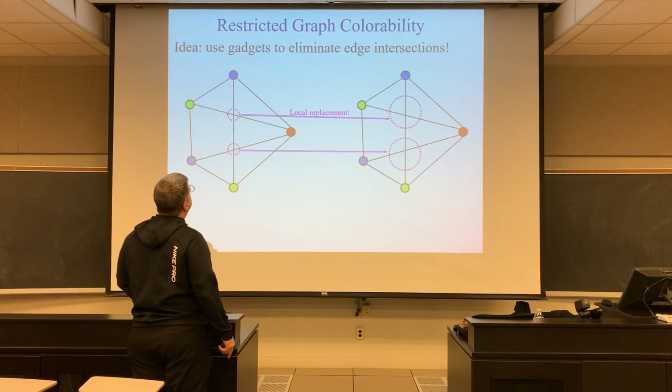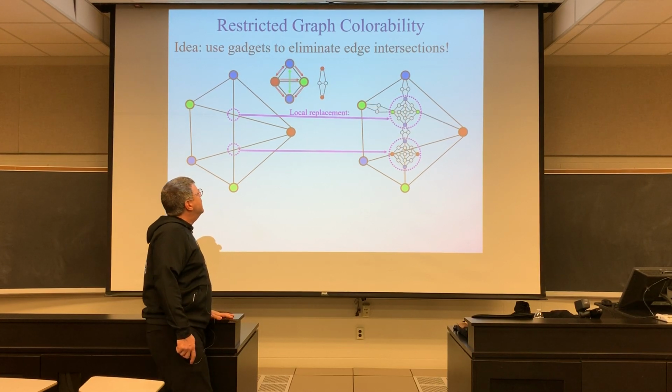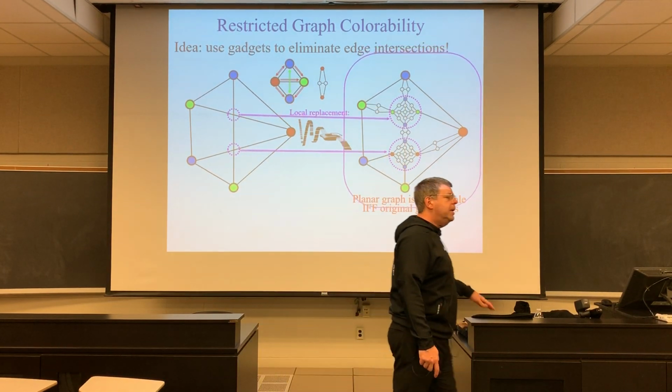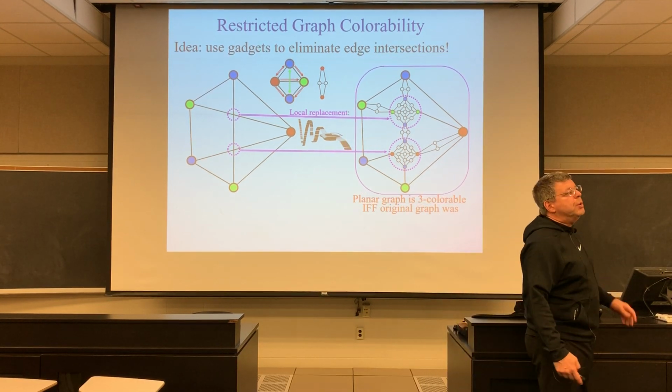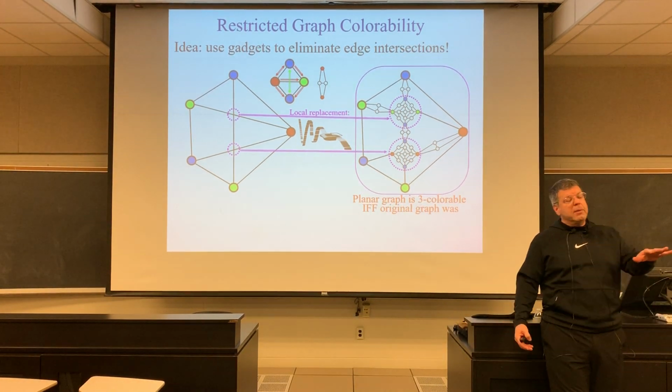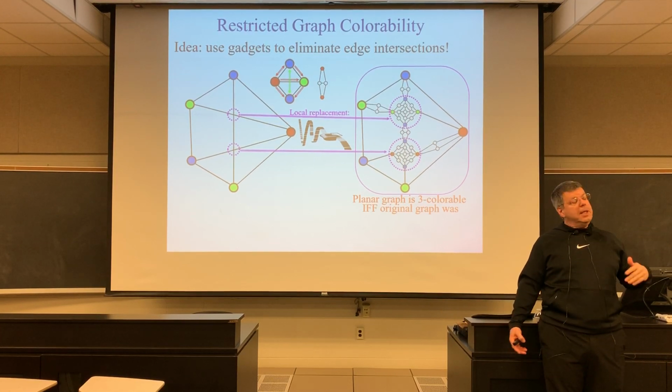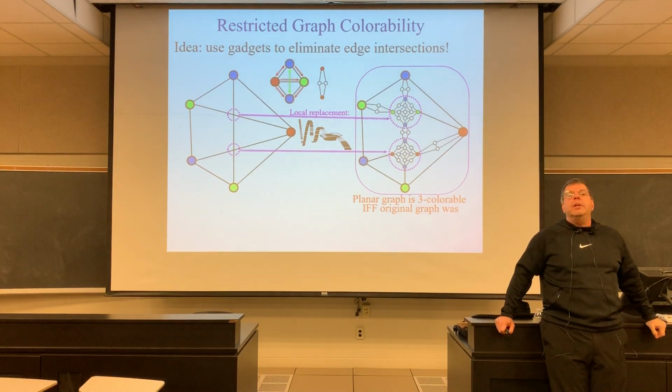Okay, and that's how you do it. That's how you solve general colorability with a planar-only graph colorability subroutine. So if graph colorability for planar graphs, all of a sudden you get some efficient, polynomial time algorithm for that, immediately you'd have a polynomial time algorithm for arbitrary colorability and for all of NP.